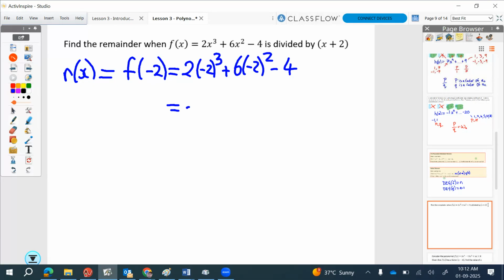So this is minus 16. -2 squared is 4, and 6 times 4 is positive 24. Minus 4. If we were to do the polynomial division on this, we would get 4.